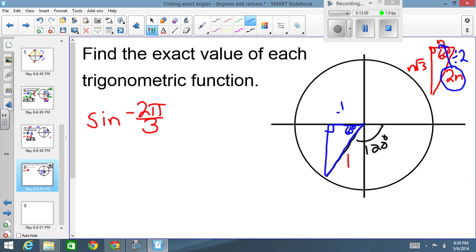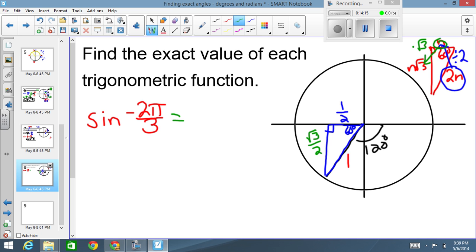So my short side is going to be 1/2. Okay? To go from my short side then to my long side is to multiply by radical 3. So when I do a 1/2 times radical 3, I get radical 3 over 2. That's my long side. And you will see these numbers continue to show up over and over again.